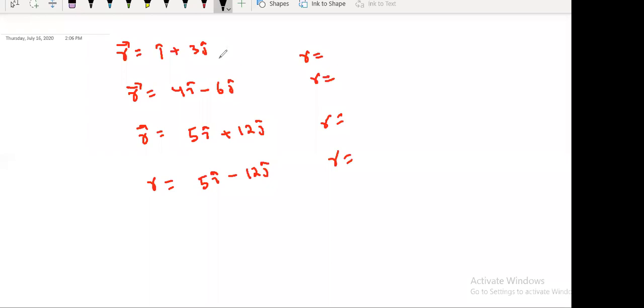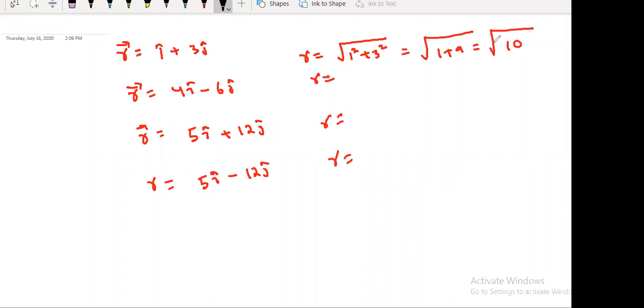Yes, it is vector in one dimension only. पढ़ेंगे हम लोग अच्छे से. So first one is root of 1 square plus 3 square, which is root of 1 plus 9 is equal to root of 10. Root of 10. Yes or no? Yes. Right?